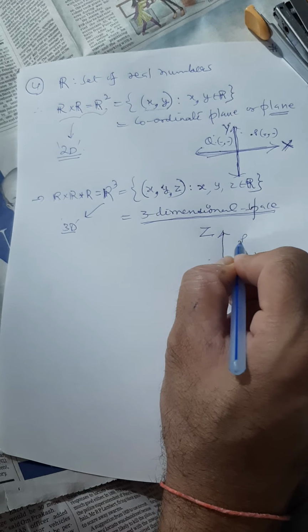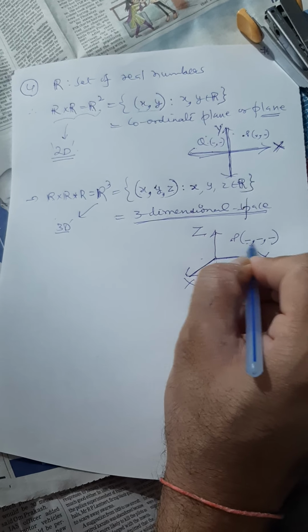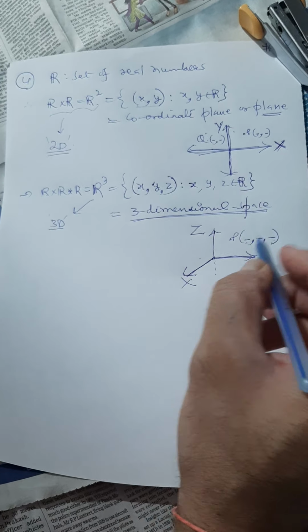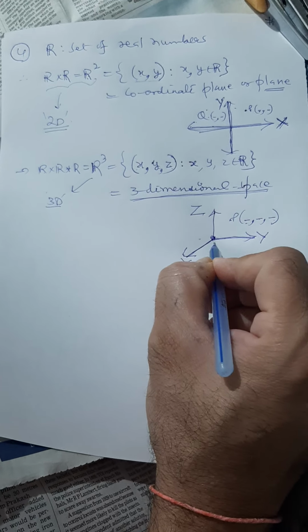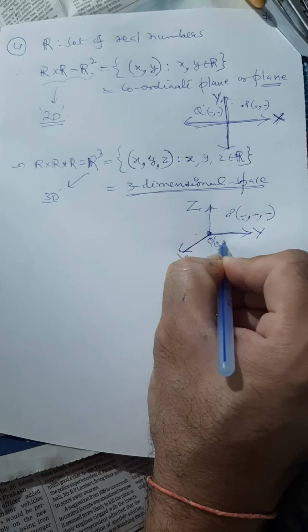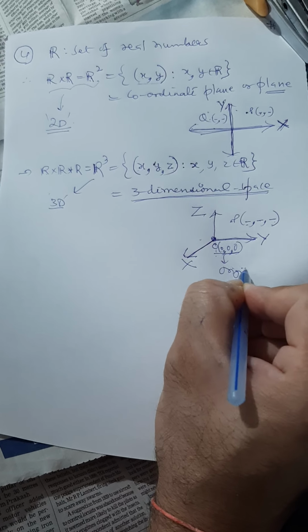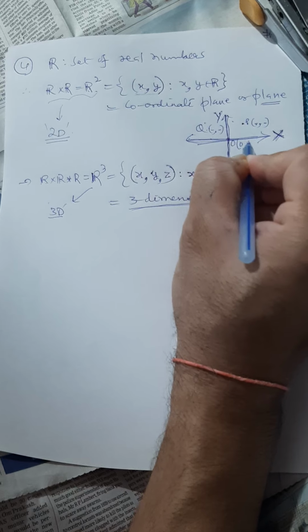Every point P has three components, 1, 2, and 3. These are called coordinates, x coordinate, y coordinate, and z coordinate, like this. This is called the origin, here 0, 0, 0, in 3D. And here this is the origin, which has two components, 0, 0.